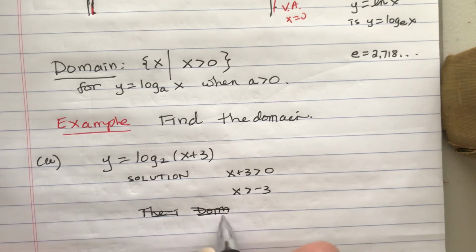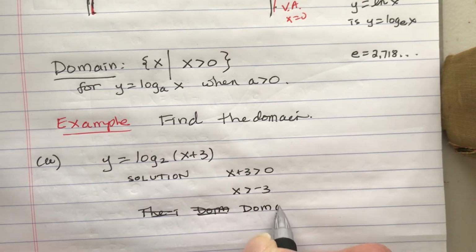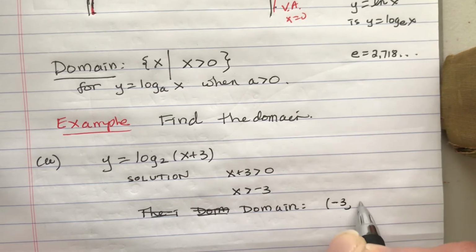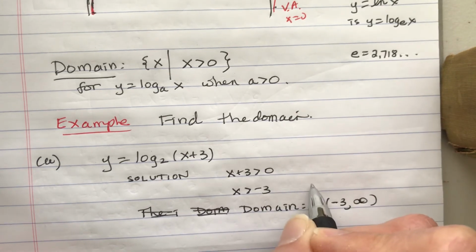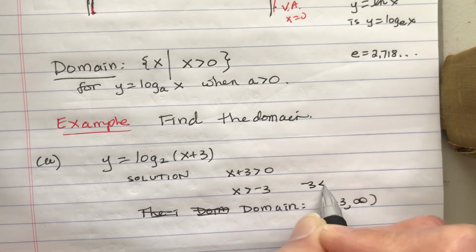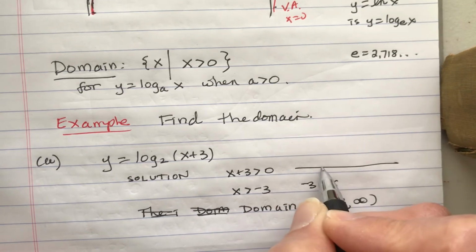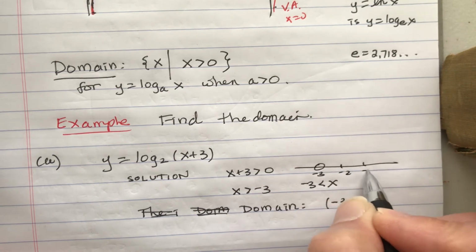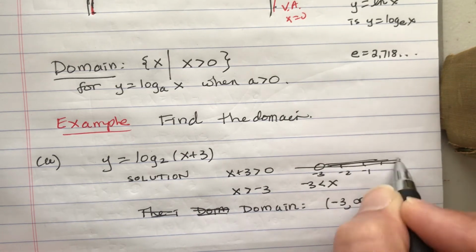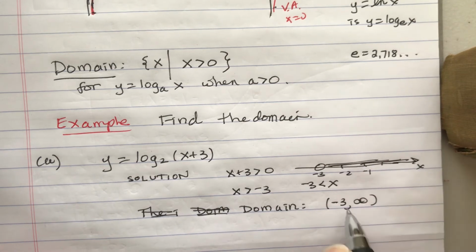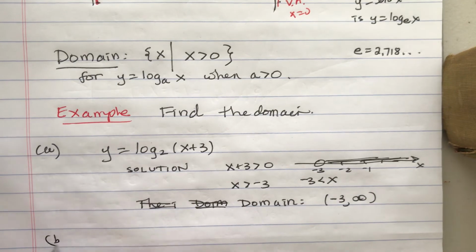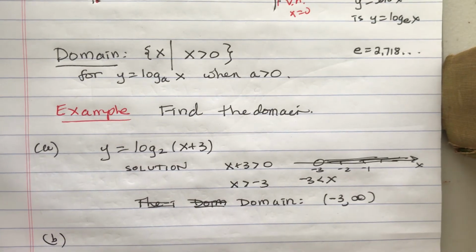I can write that in interval notation as negative 3 to infinity. Here it is on the number line, if that helps at all. And it's all that stuff colored to the right. So that's the interval notation, which even if you don't use it, you should understand what that means.